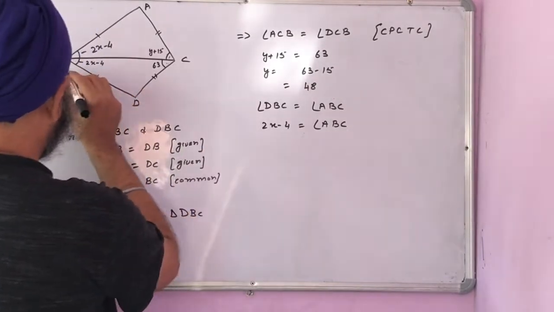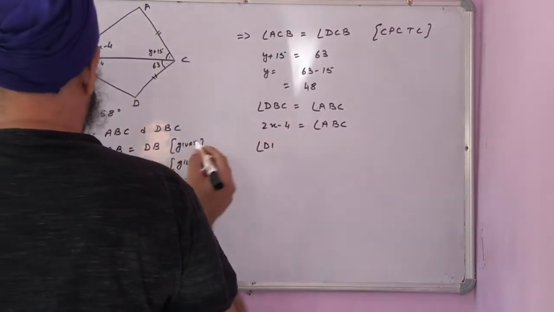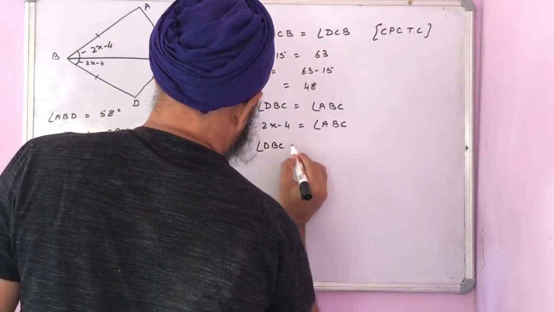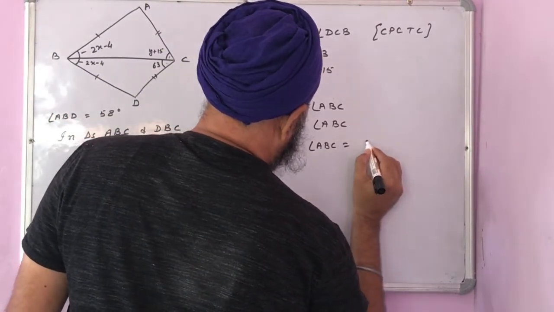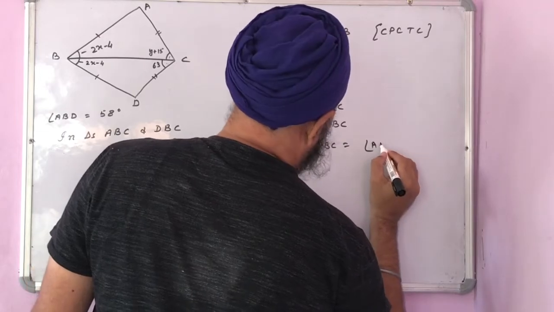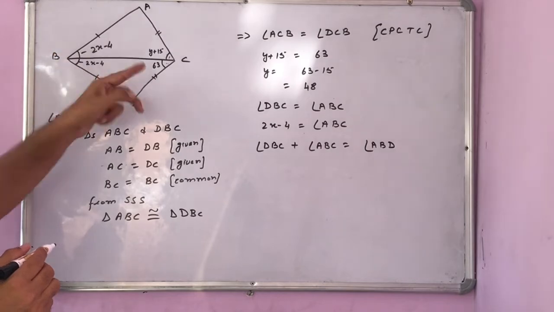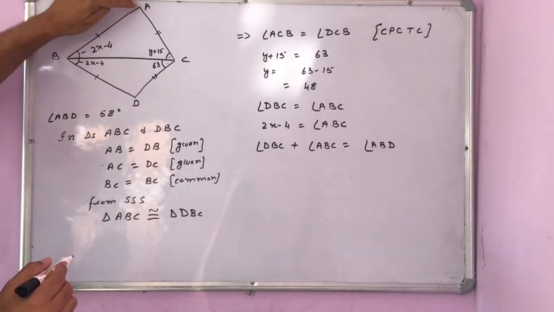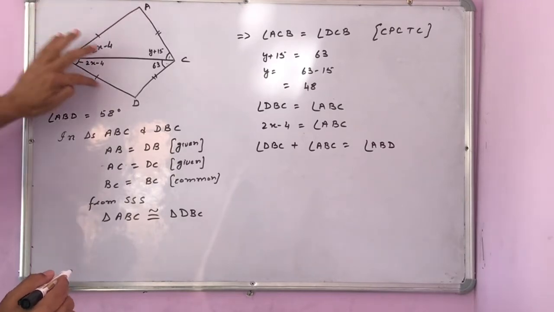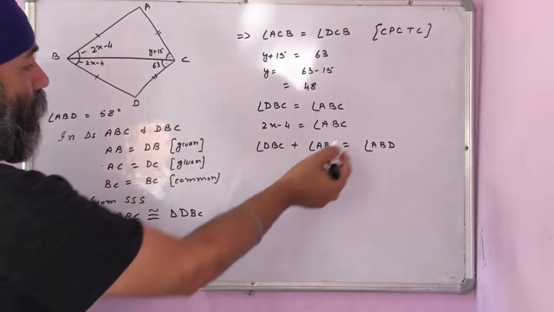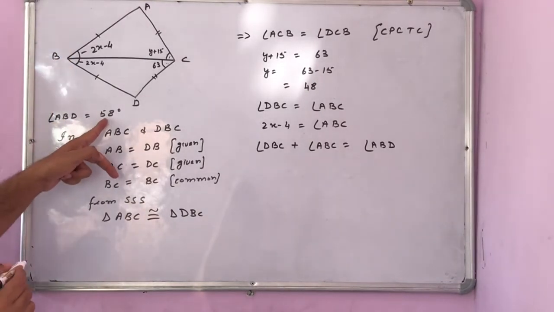Now angle DBC plus angle ABC is equal to angle ABD. The sum of these two angles is angle ABD. Now I know the value of ABD, that is 58.